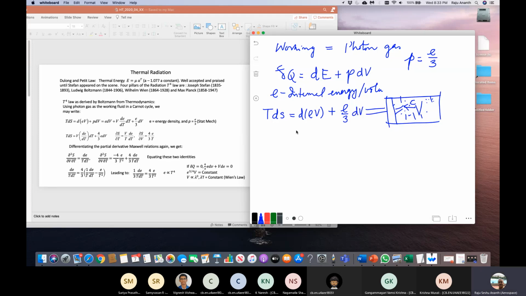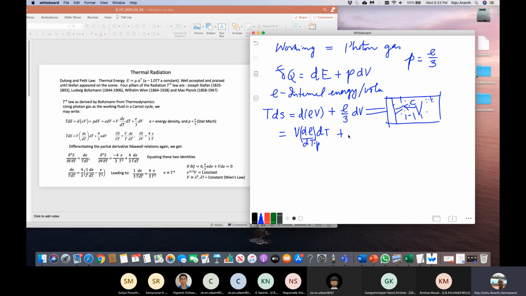Now I can write this d(EV), with E as a function of temperature. So I can write this as V dE/dT dT, in other words, dT, taking it as a constant pressure, of course, plus there will be E also coming in, because dV, I'm taking the dV, isn't it?